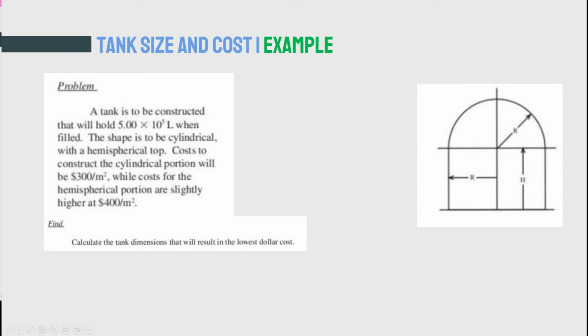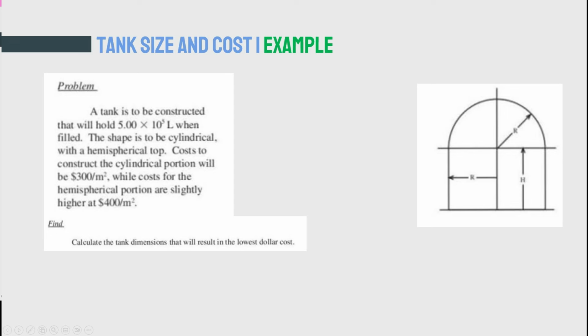I'm not sure if I made it worse or better, but yeah, so you have here the hemisphere, you have here the cylinder. This is $300 per square meter. This is $400 per square meter.